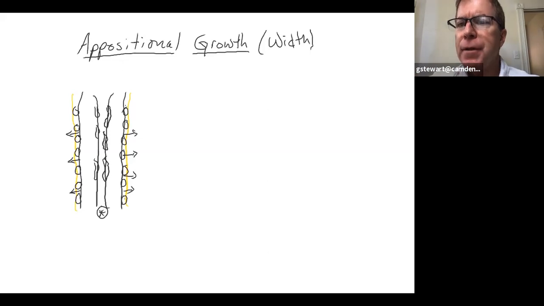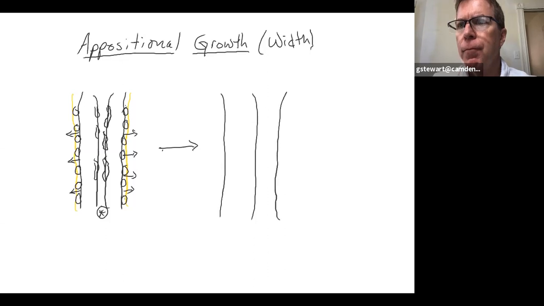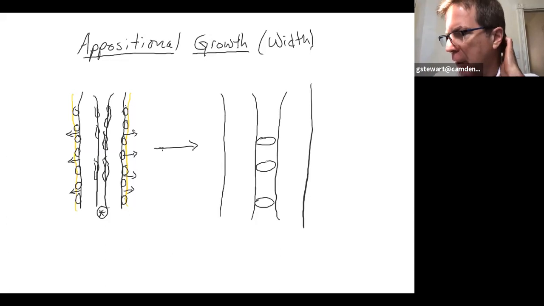So we end up with something that looks like this. So the medullary cavity did get larger in diameter, but the bone wall got thicker than the medullary cavity got wider.